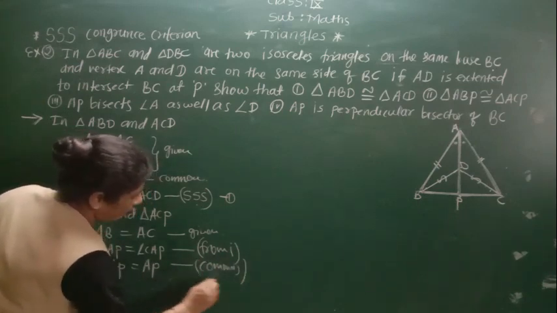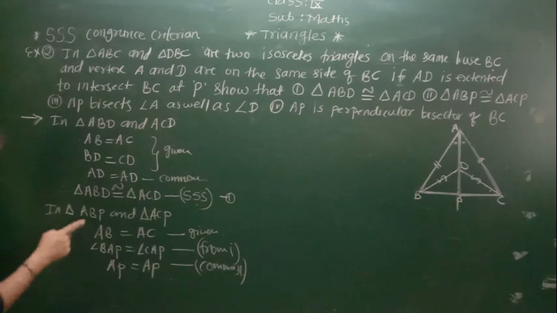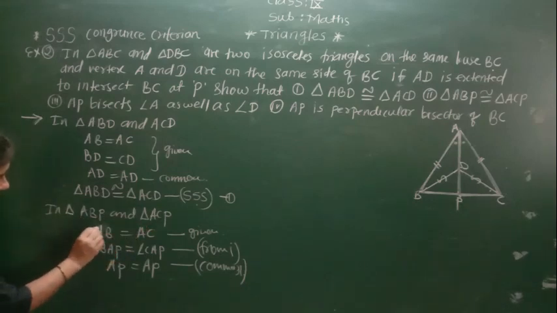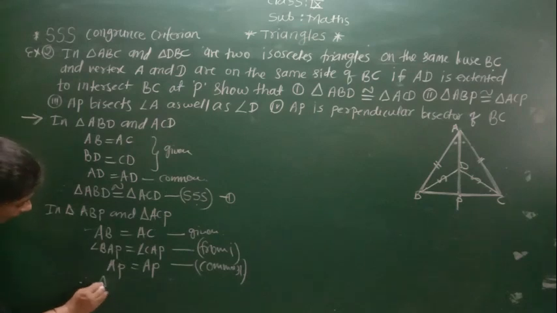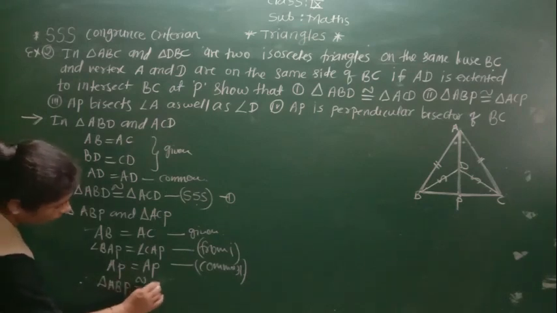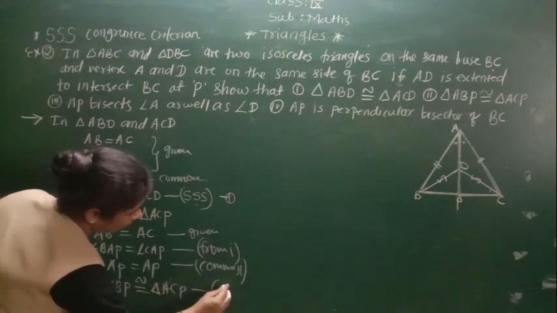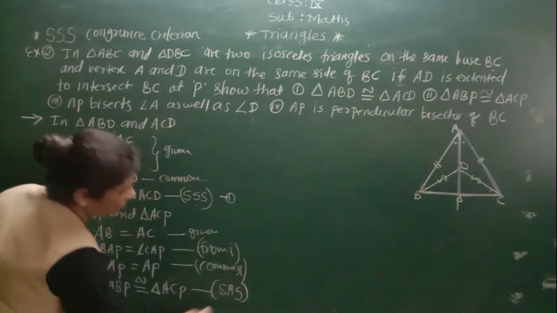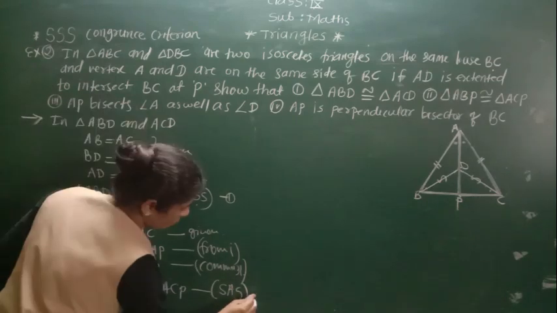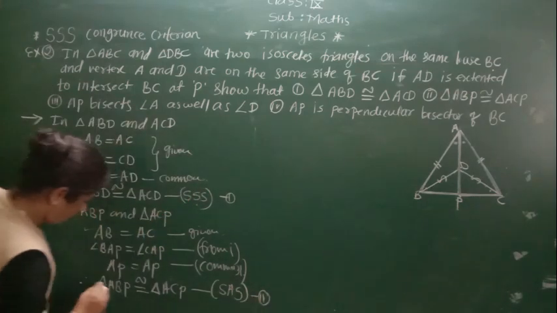Then these two triangles are congruent by which criteria? Side, angle, side. So hence triangle ABP is congruent to triangle ACP by SAS congruence criteria. So this is the second we have proved.